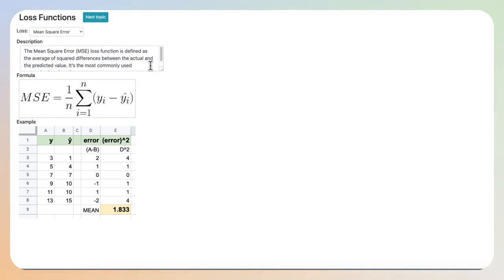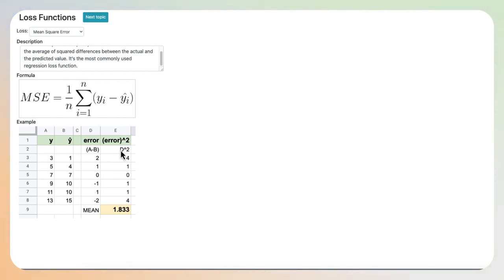It's the most commonly used regression loss function. Next, we see the formula for mean square error, which is the average of all error squared values. Here, we have a sample data sheet with the actual y values, the predicted y hat values, and in the next column, we have y minus y hat, also known as the error or loss.